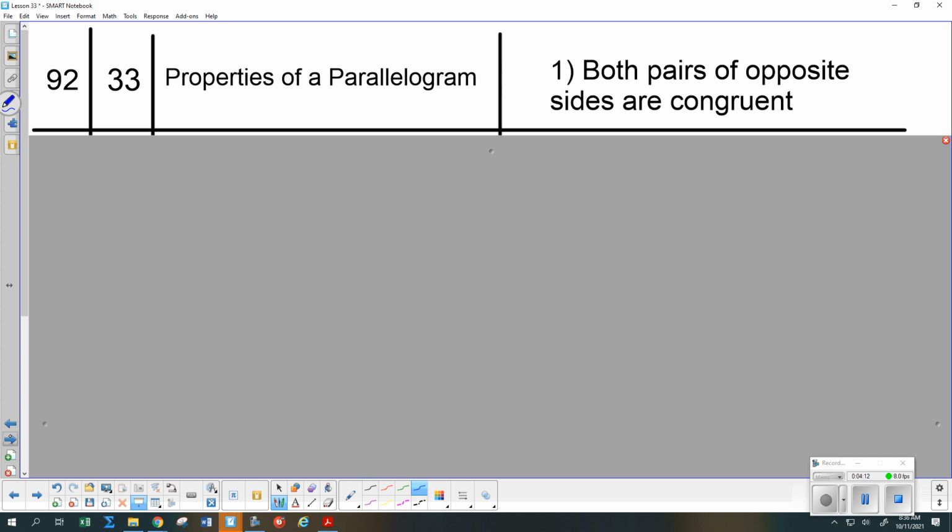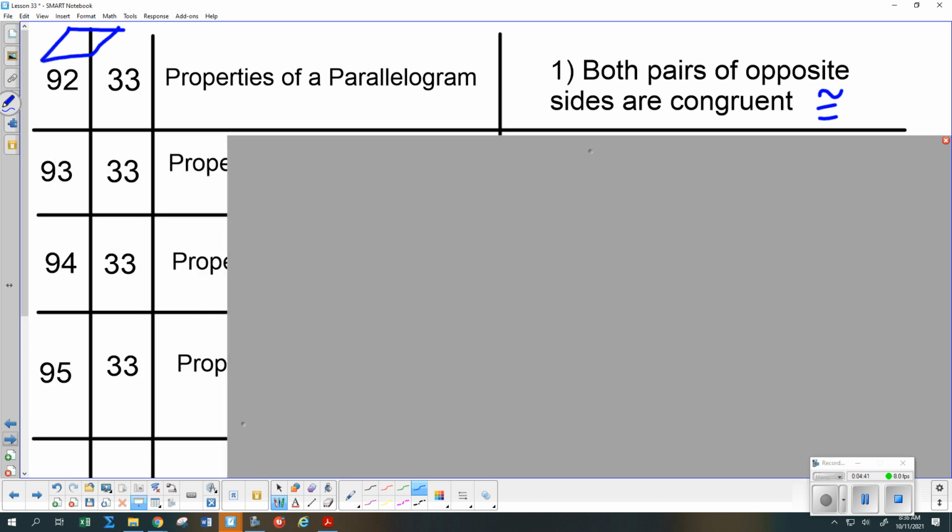And I would say draw yourself a little picture at the first one of these. Those opposite sides have to be congruent, left and right, top and bottom. And if you want to save a little bit of writing and just do the congruent symbol instead of writing out the whole word, that's fine. Or if you want to abbreviate opposite and just write OPT or something like that, as long as you know what it means, you don't have to write down every single thing.